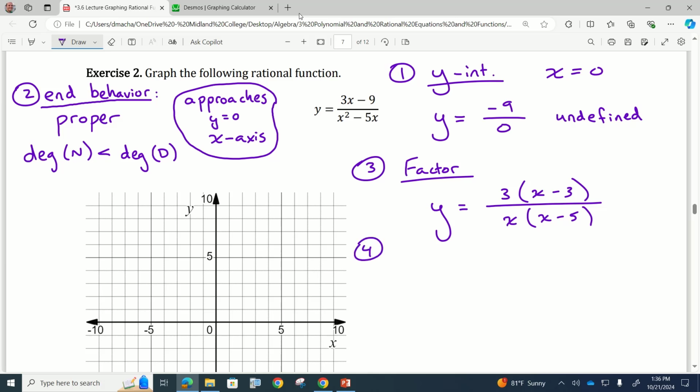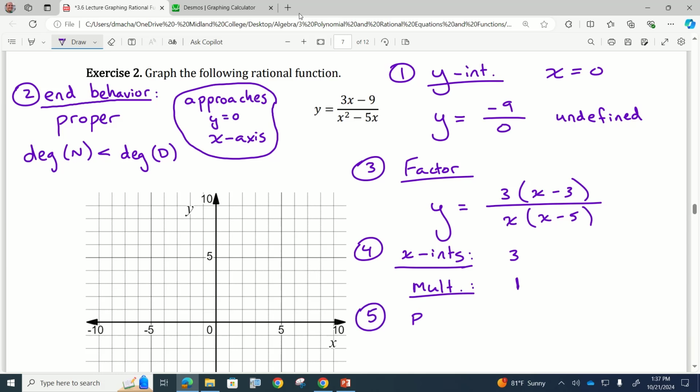Step number 4 tells me, let's make a list of our x-intercepts, which is just positive 3, right? That's just the root in the numerator only. And the multiplicity, since I don't see any exponent here, is just 1. And I know I'm going to cross the x-axis there.